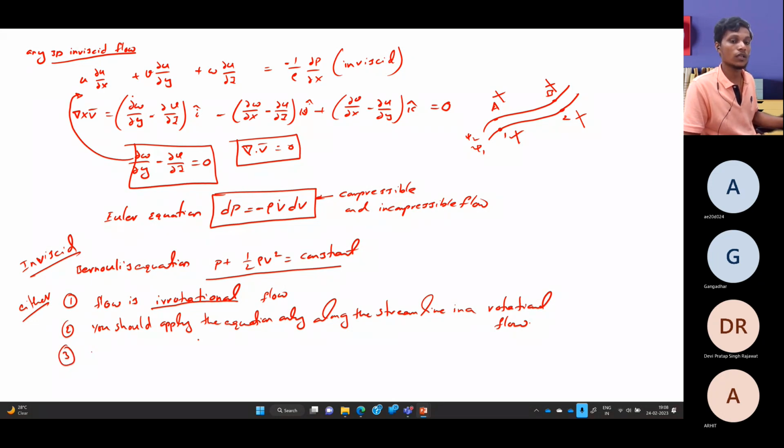The third condition is mathematically difficult to understand.